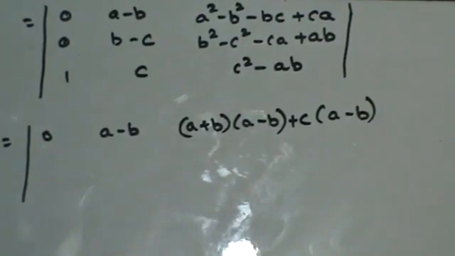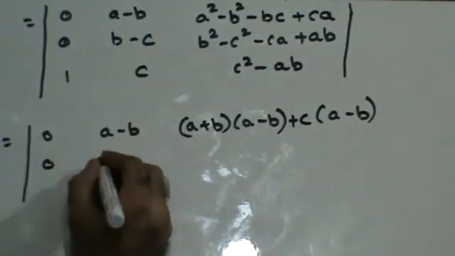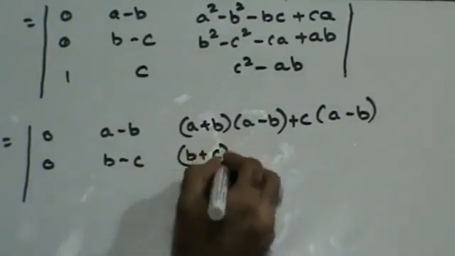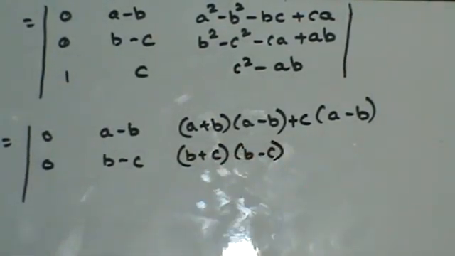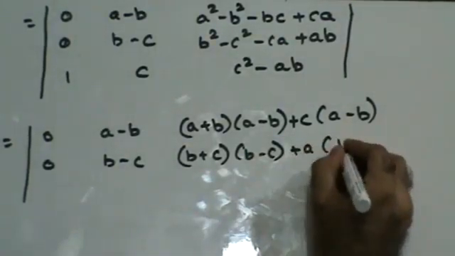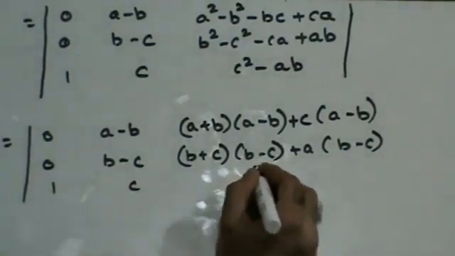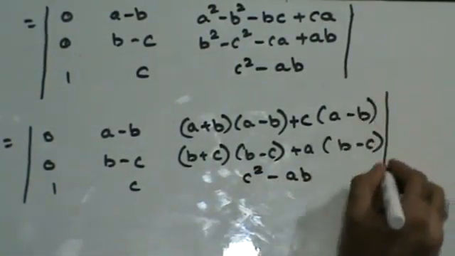Right? Next, 0, b minus c, b square minus c square is b plus c, b minus c. Between the third and the fourth term, I could take a common. So in that case, I'll get b minus c, 1, c, c square minus ab.